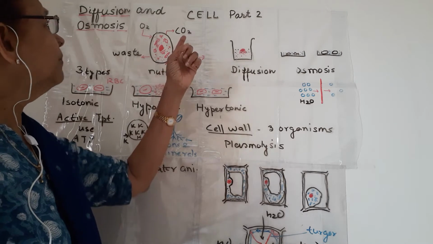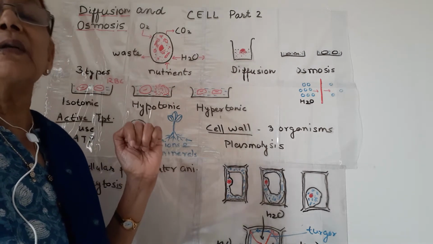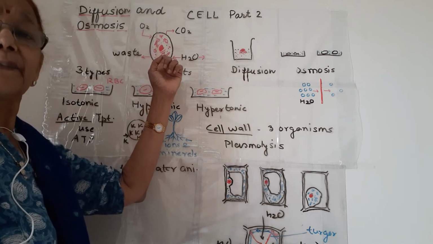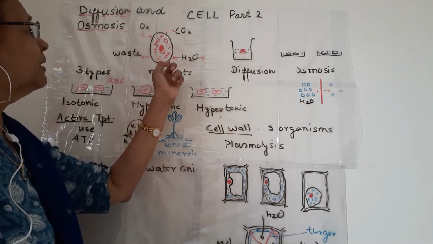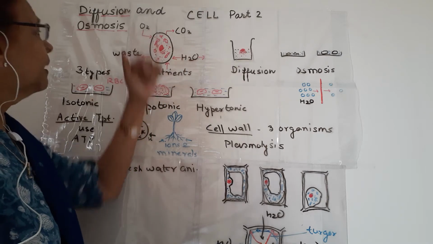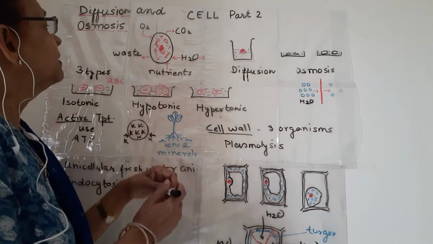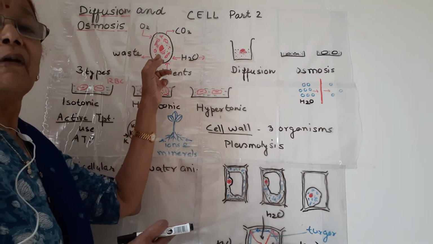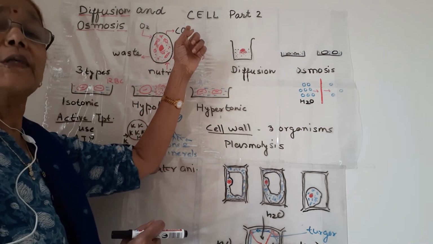For example, oxygen, which is needed for cellular respiration, comes inside the cell through this cell membrane. This is the structure of the cell: this is the nucleus, this is the cell membrane, and this is the cytoplasm and many cell organelles inside the cell. So oxygen comes in for cellular respiration. Carbon dioxide goes out.